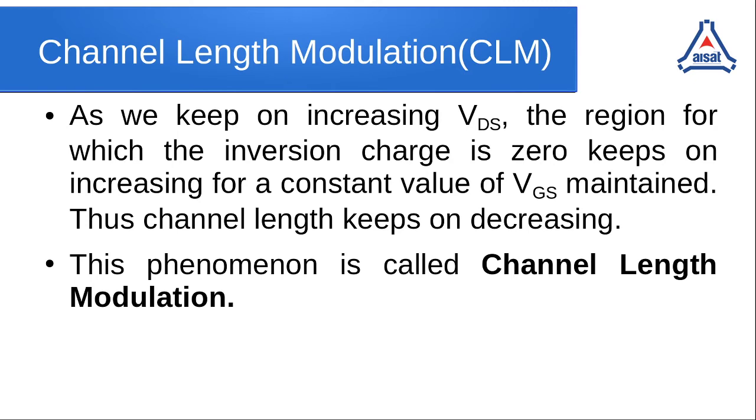Now we will see, as we keep on increasing VDS, the region for which the inversion charge is 0 keeps on increasing. On keeping VGS constant, this is happening. And because of this, the channel length keeps on decreasing. This phenomenon is called the channel length modulation.